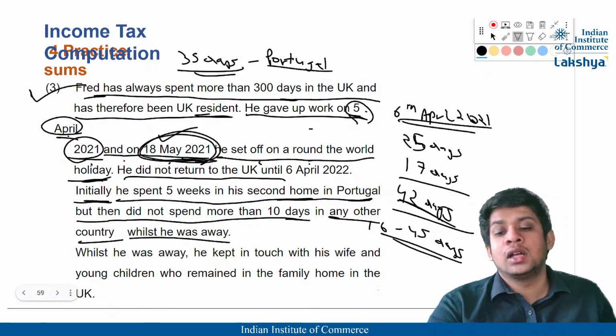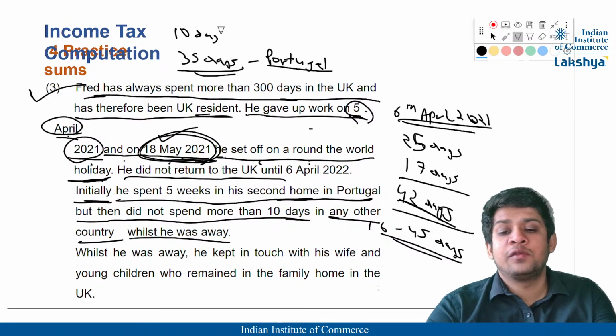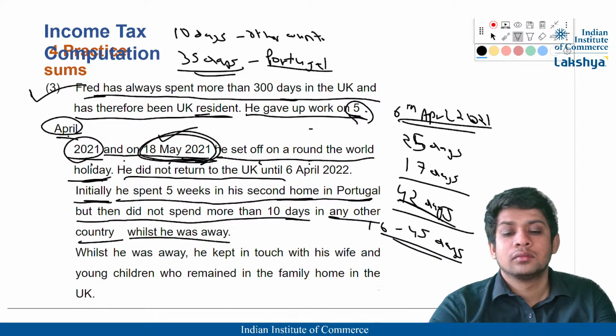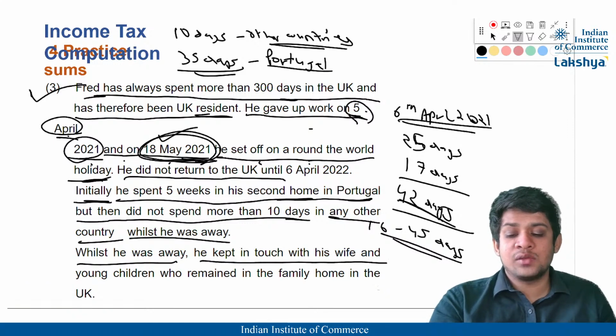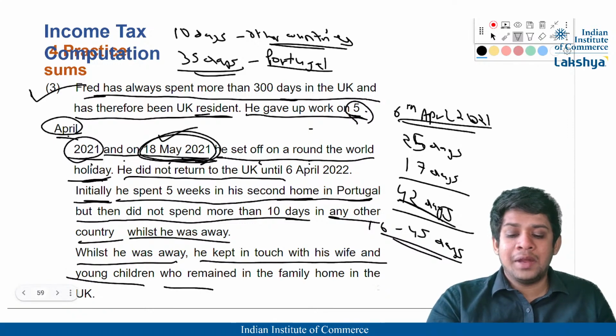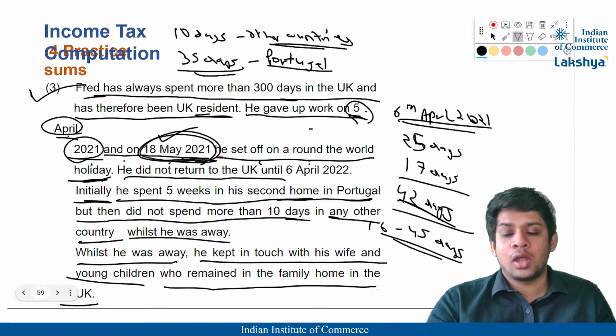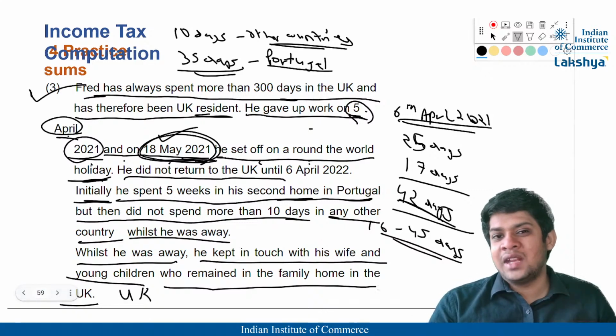That means in the other countries, he stayed for not more than 10 days. Whilst he was away, he kept in touch with his wife and young children who remained in the family home in the UK. So you can see a couple of ties meeting here.